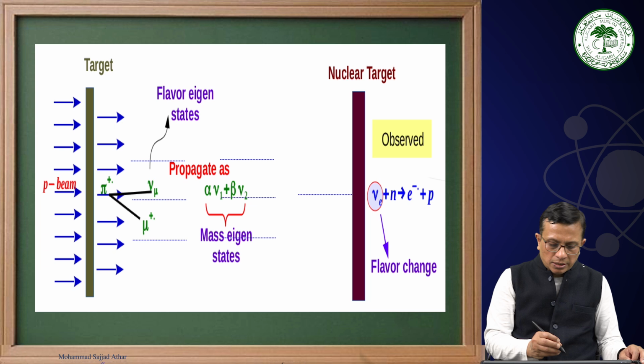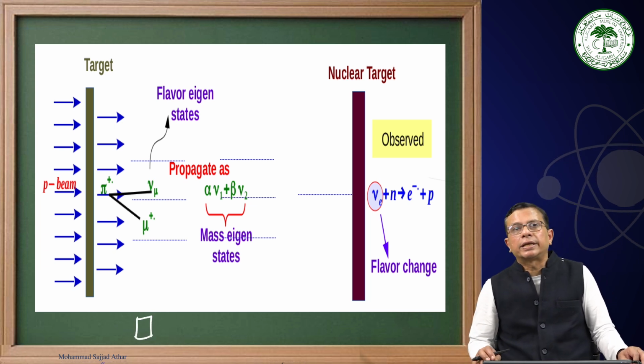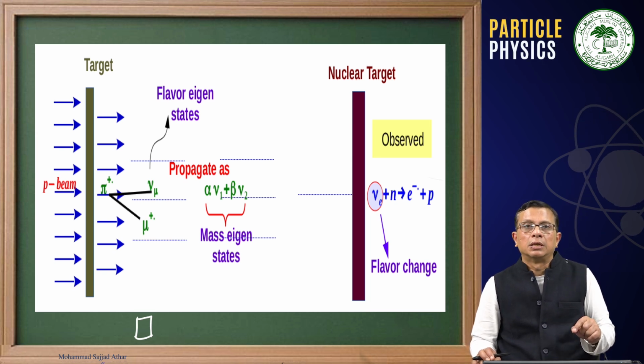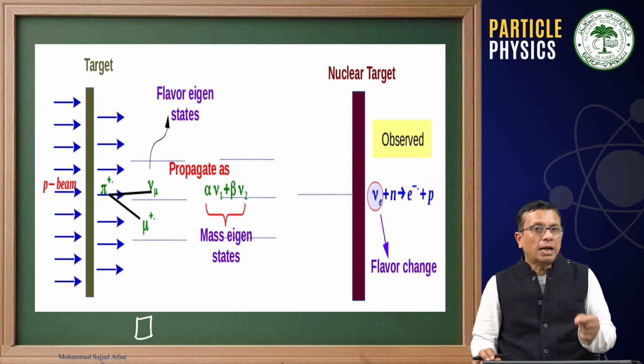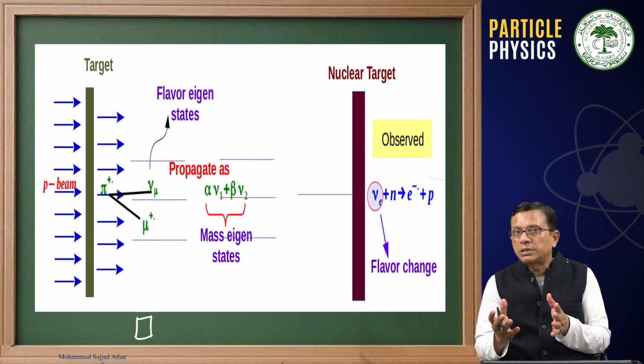The near detector at the production site, where nu mu's are getting produced, is there to see how many nu mu's are getting produced and what their energy is. That is another important point: we are looking at the muon because we cannot see neutrinos.